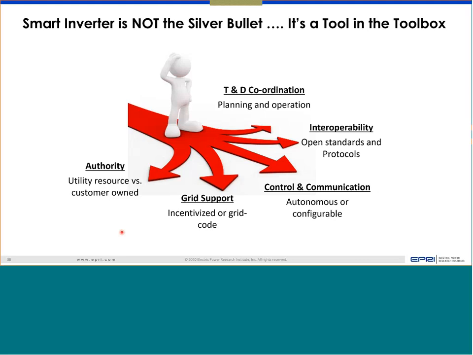On grid support, 1547 gives you certain minimum capabilities available without any discussion of who pays for it. But those are minimum capabilities. If you want to use the enormous potential that smart inverters have, including nighttime reactive power support and other things, that has to go through some sort of incentivization mechanism. Who pays for it? What is free because of the grid code like IEEE, and what has to be incentivized? Many of you are probably familiar with FERC Order 2222, saying DER can participate in the bulk power system.